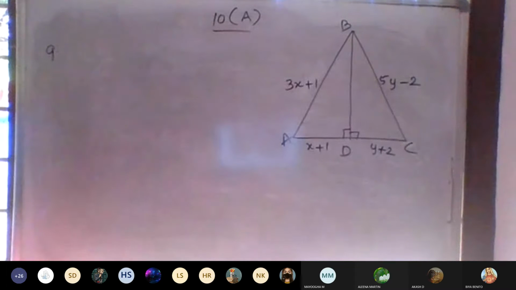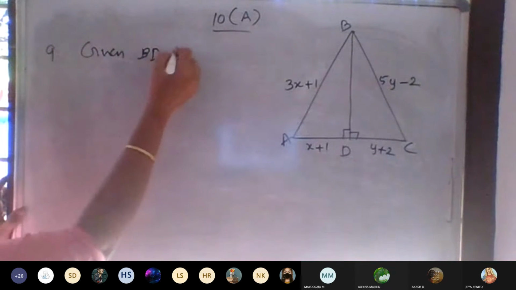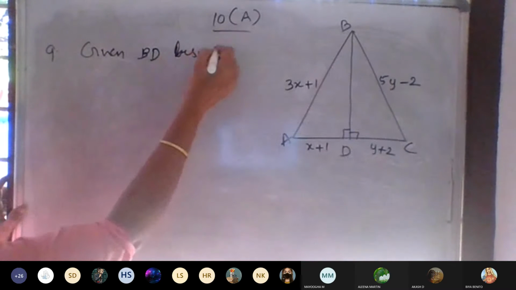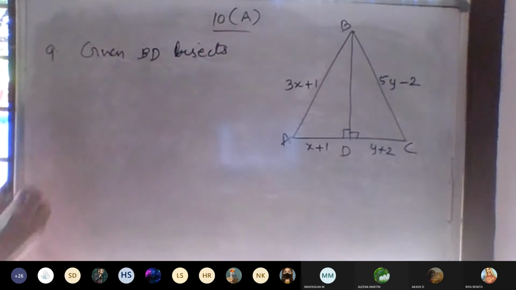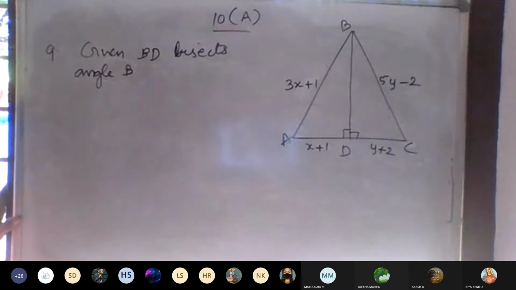So what are the things given? Given BD bisects angle B and is perpendicular to AC.